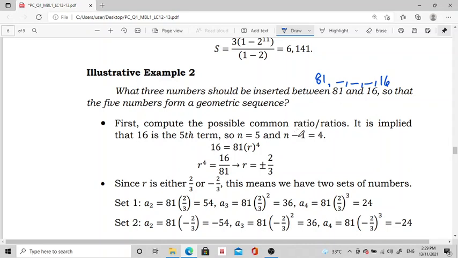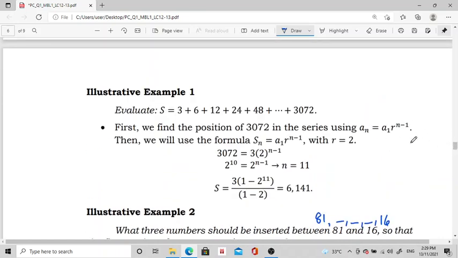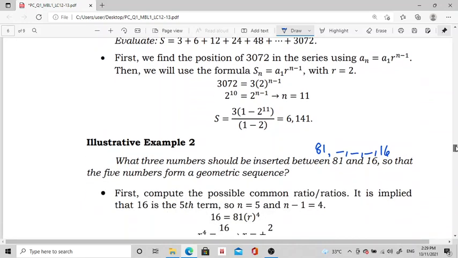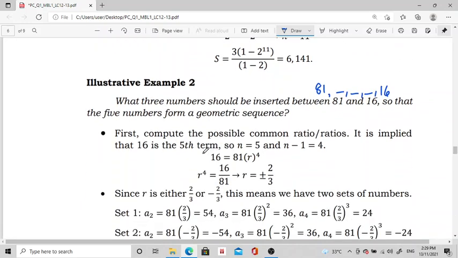So, using this formula, ipa-plug in natin sina known values. So 16 is the 5th. So 16 equals 81, our first term, times the ratio raised to 5 minus 1, since n is 5, then n minus 1 is 4. Dividing both sides by 81, we get r raised to 4 is 16 over 81.